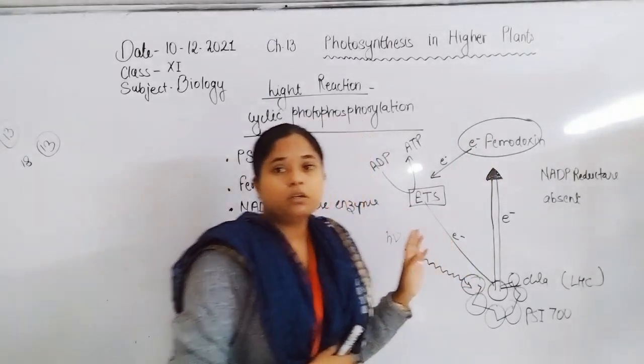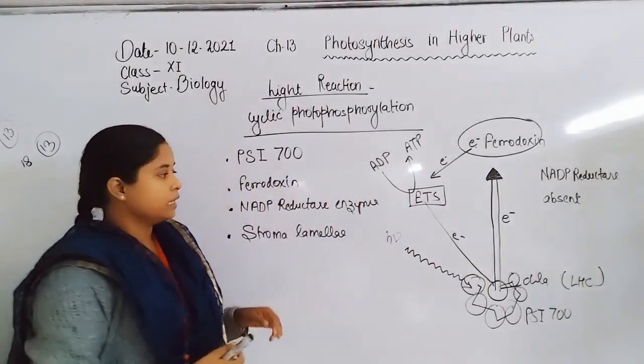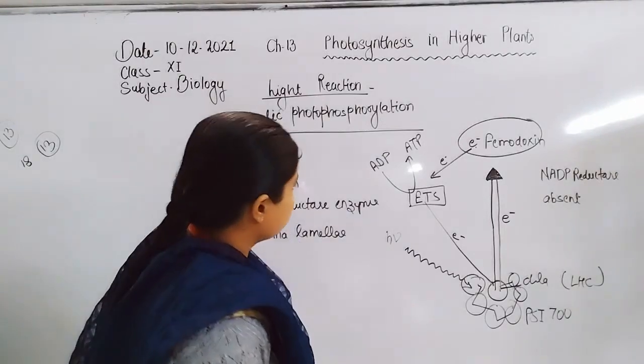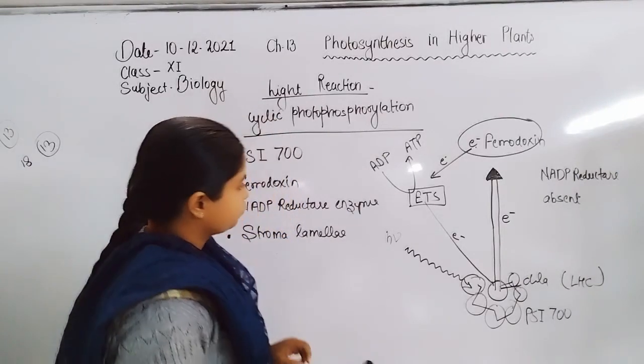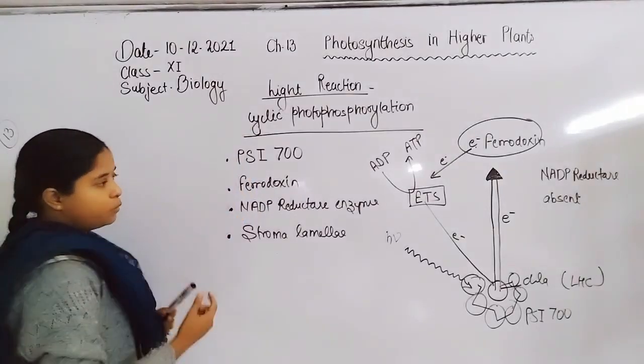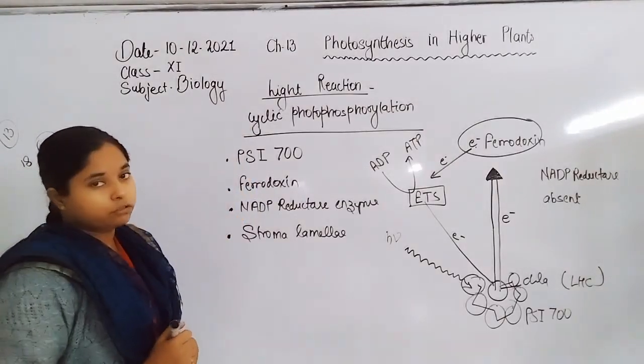Through the electron gradient, the ATP gets synthesized in cyclic photophosphorylation.